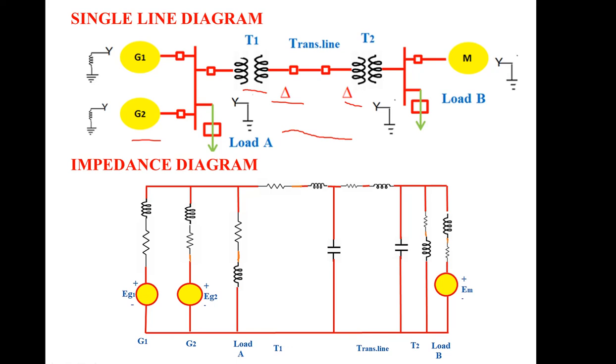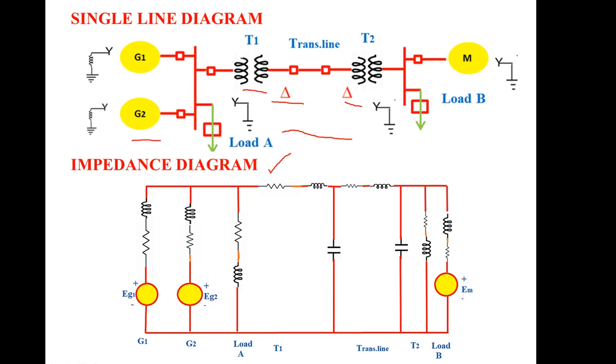The equivalent circuit of the power system is used to analyze the performance of the system under load conditions, or to analyze the condition of the system under fault. So the main point is that the impedance diagram and the reactance diagram are used to analyze the system under load condition and also under fault.